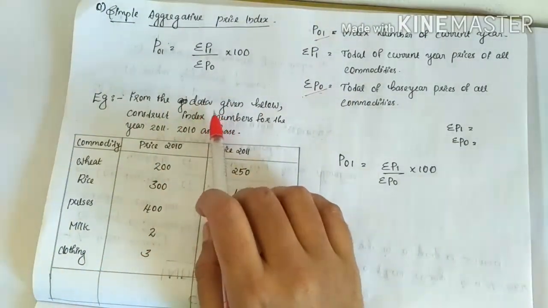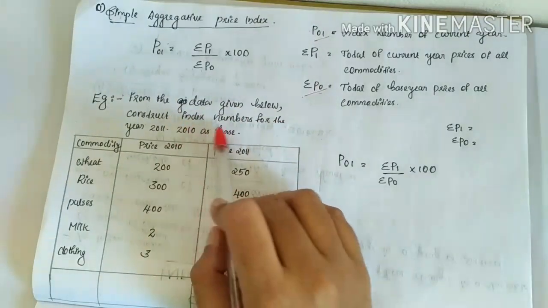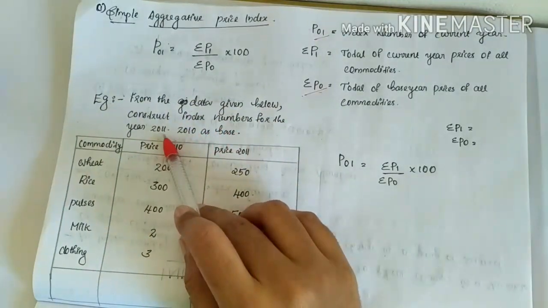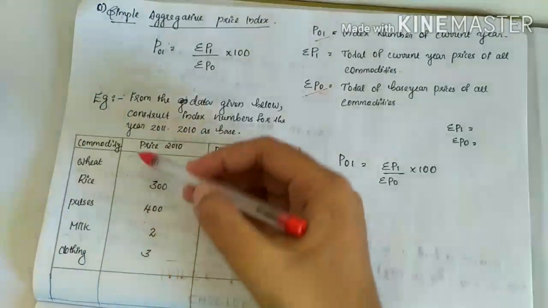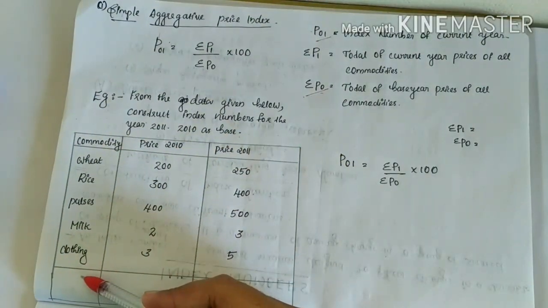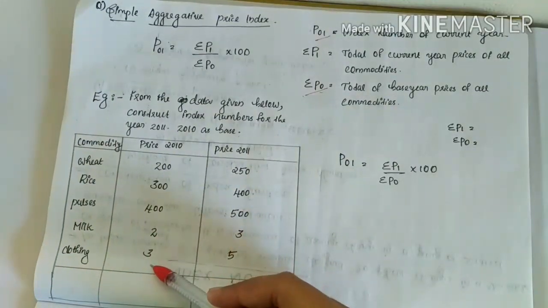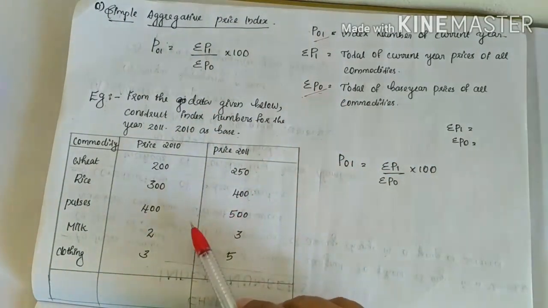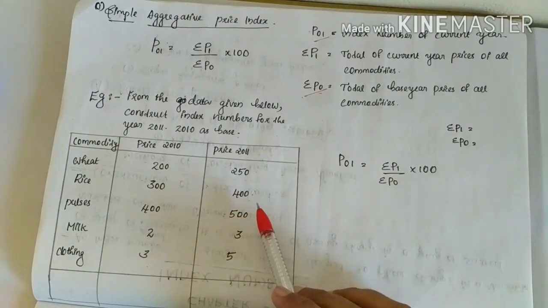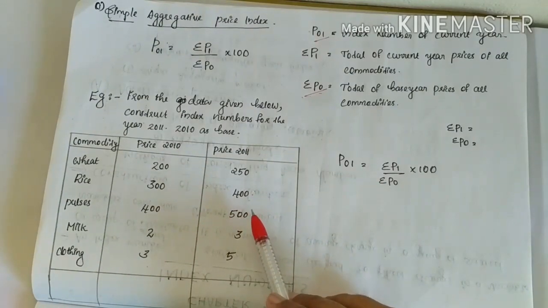From the data given below, construct index numbers for the year 2011, with 2010 as base year. So some commodities are given in the question, and the price of 2010 and price of 2011 are given. In this question, you have to construct the simple aggregative price index.